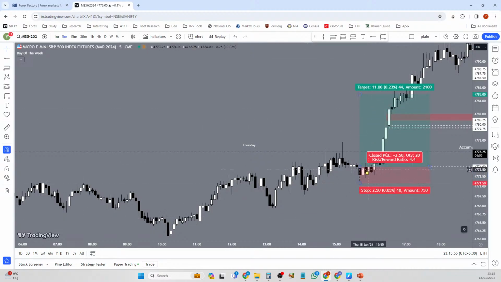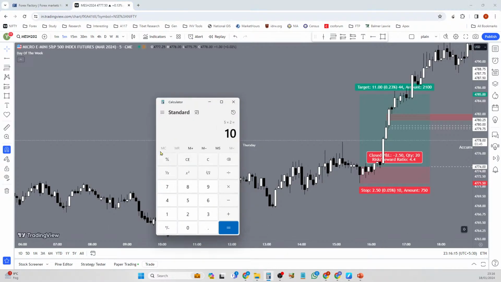Okay. So let's say you bought at 4774. This is the price at which you have bought this contract, and the value of the contract starts going higher. And let's say you close your trade over here when it has reached 4785. So a contract that was bought at 4774 and sold at 4785. So 4785 minus 4774, you have made 11 points on this contract.